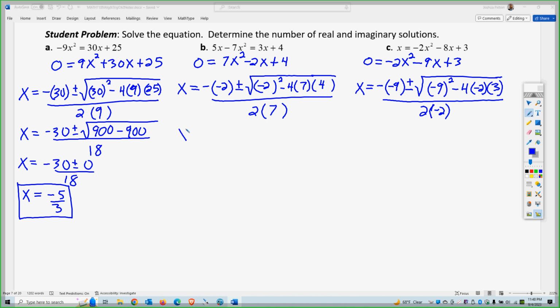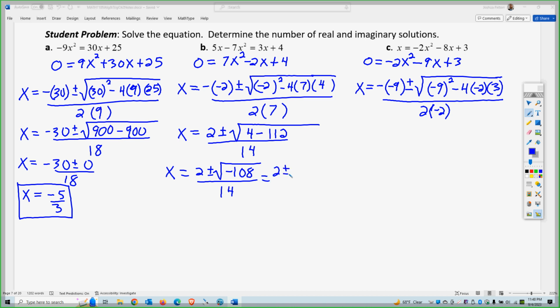Okay, so this one here, x is equal to 2 plus or minus the square root of 4. So double negative, one negative, so it's going to be a negative outcome. So that's 16 times 7 is 112. So over 14. Okay, so x is equal to 2 plus or minus the square root of, so that'd be what, -108?